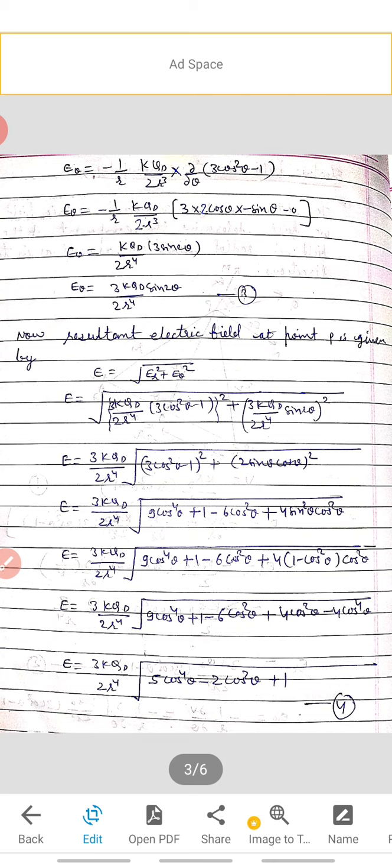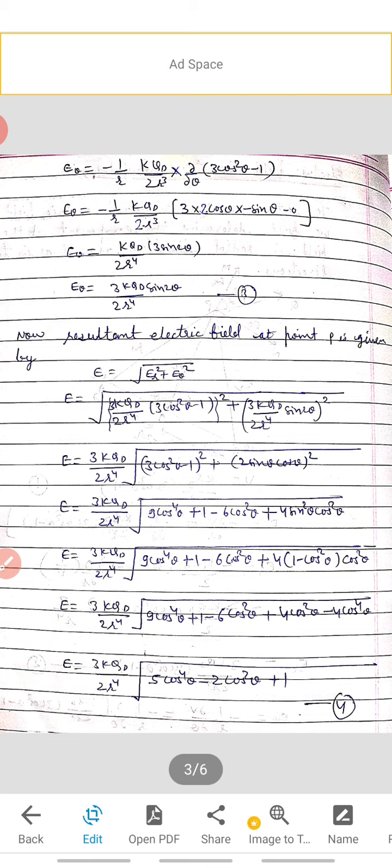Now, for finding the resultant electric field at point P, apply the formula E is equal to under root ER square plus E theta square, and put the value of ER and E theta in this equation.